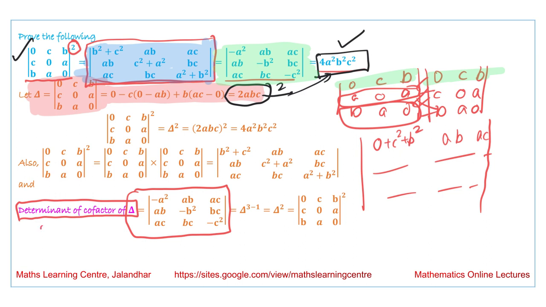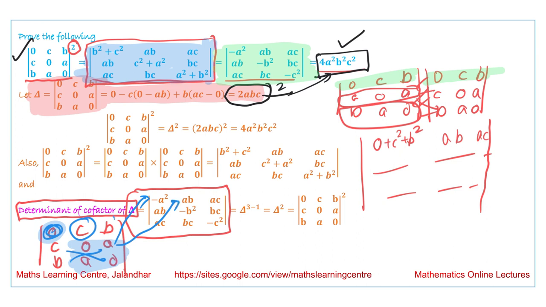If we are talking about the matrix 0 c b, c 0 a, b a 0, what is the cofactor corresponding to each term? Corresponding to this 0, the cofactor will be a square, so we write it as minus of a square. Next, corresponding to c, it will be ab.